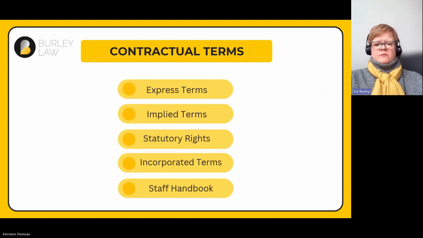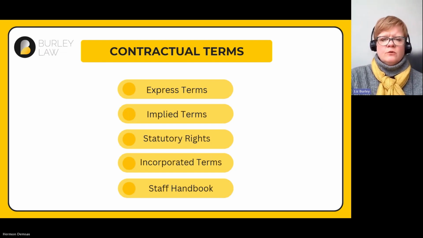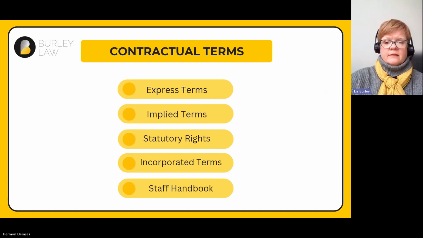There are also implied terms to provide a safe working environment on every employer, and that expectation is enshrined in health and safety law in the modern workplace. And there is an implied term to pay wages for work that's carried out, so an employer can't simply decide that it's not going to pay its employees if they're available and ready to work and if they have worked.